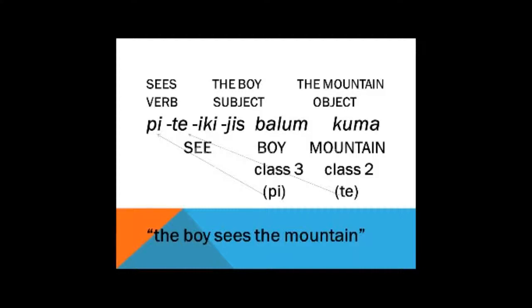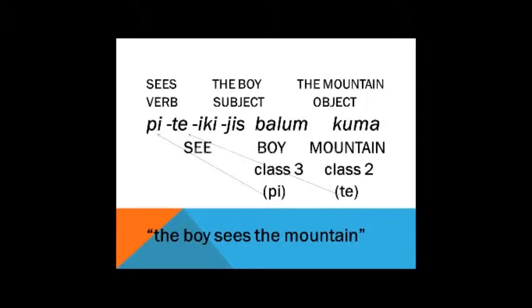Noun class 3 is the noun class to which nouns describing humans fit into. And so balum being the subject of the sentence and the prefix for noun class 3, which the noun balum belongs to, that prefix being pi, that goes on to the front of the verb, the very front of the verb. So the verb is actually making reference to the subject in the sentence.